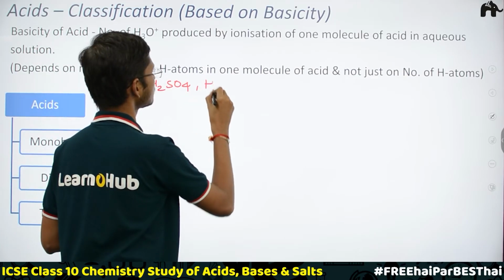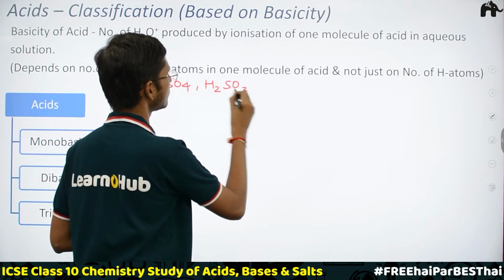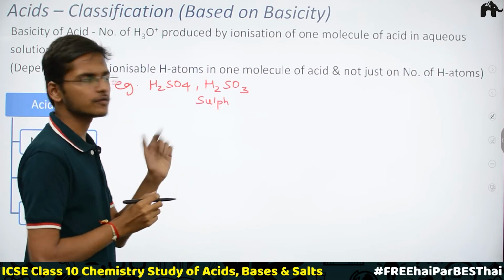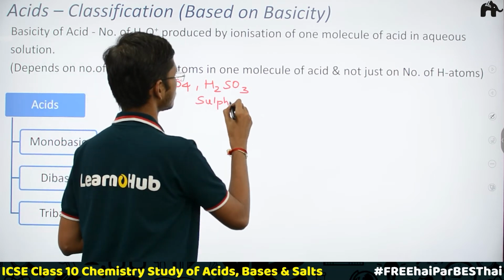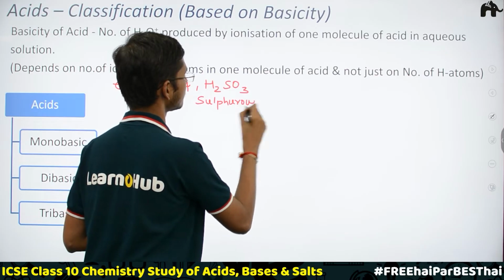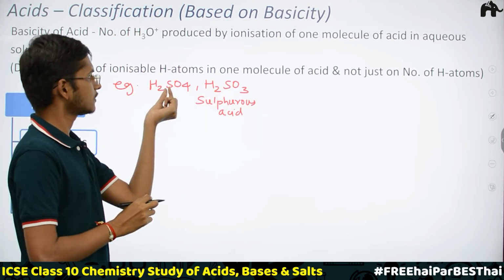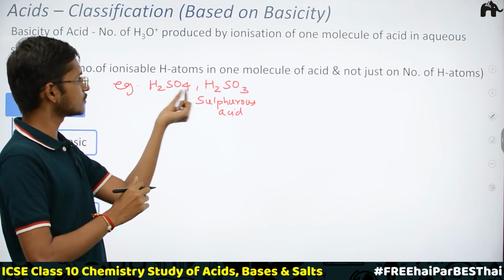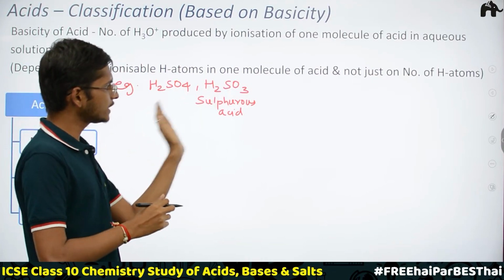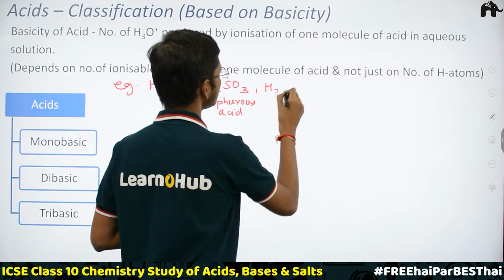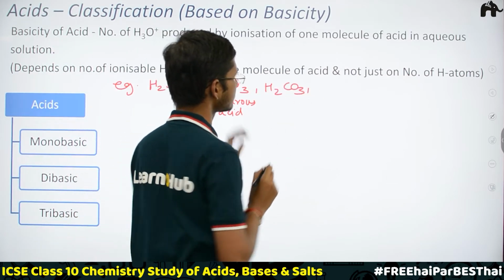H2SO3, you can say a brother of H2SO4, is sulfurous acid. It has just one oxygen less than sulfuric acid. H2SO4, H2SO3: sulfuric, sulfurous. Very simple. Then H2CO3, we already know this is carbonic acid.